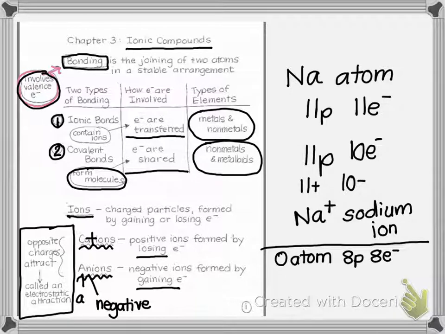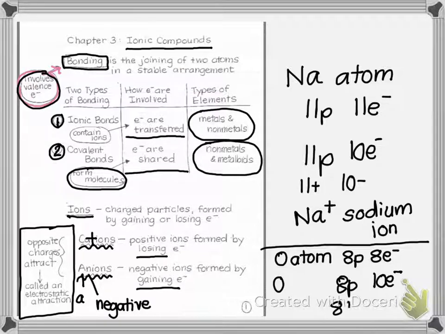Well then, if I told you that oxygen likes to gain 2 electrons, and we'll learn why, then what happens is I still have 8 protons because it's oxygen, but instead of 8 electrons, I have 10 electrons.